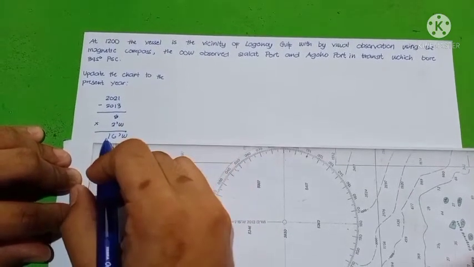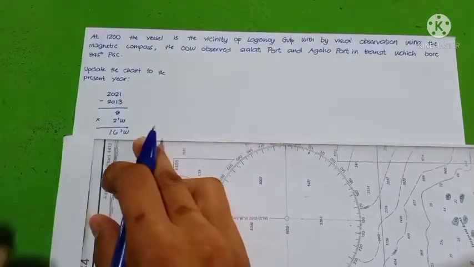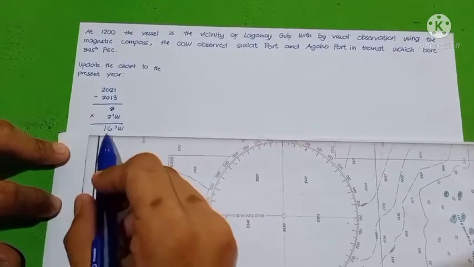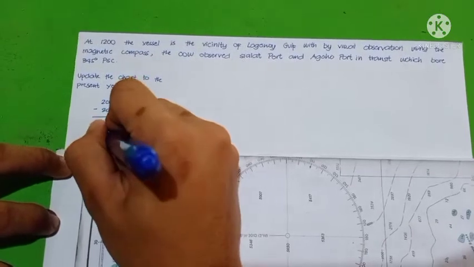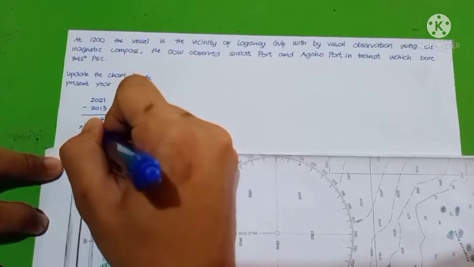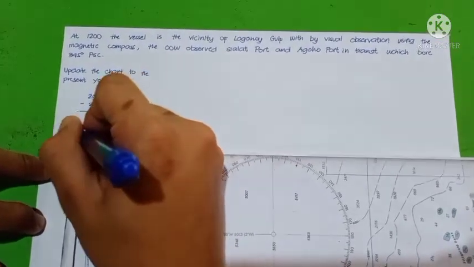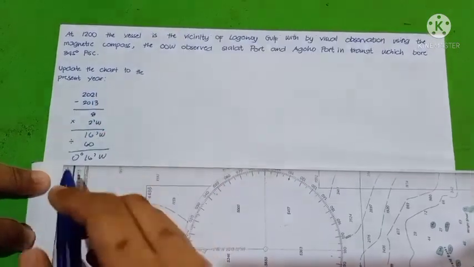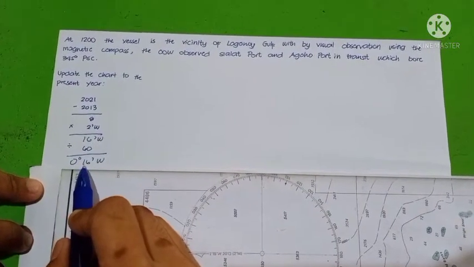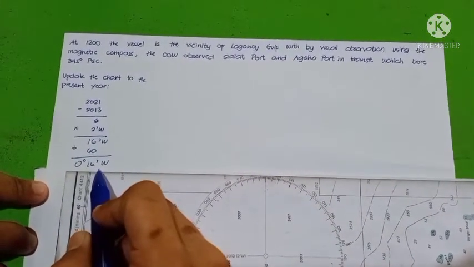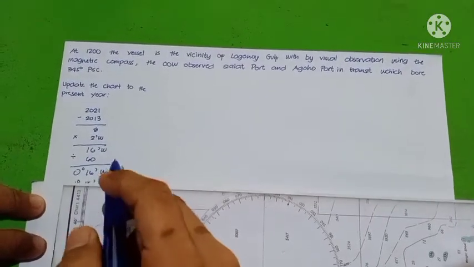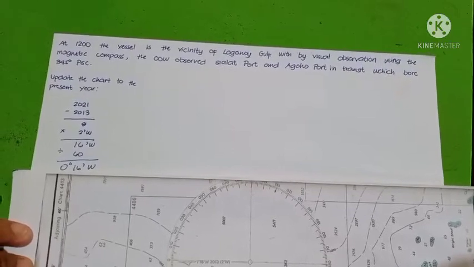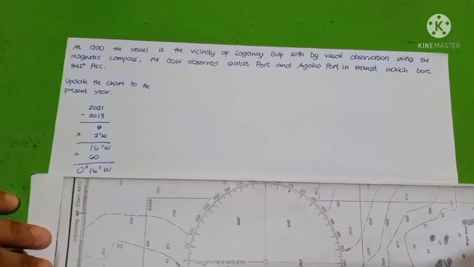After this, we are going to convert it to degrees by dividing it by 60. So 16 minutes west divided by 60 is equal to 0 degrees 16 minutes west. After this, we are going to add or subtract the variation in the chart by this.